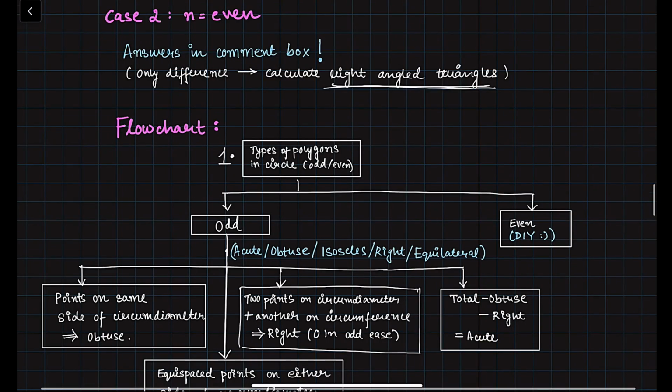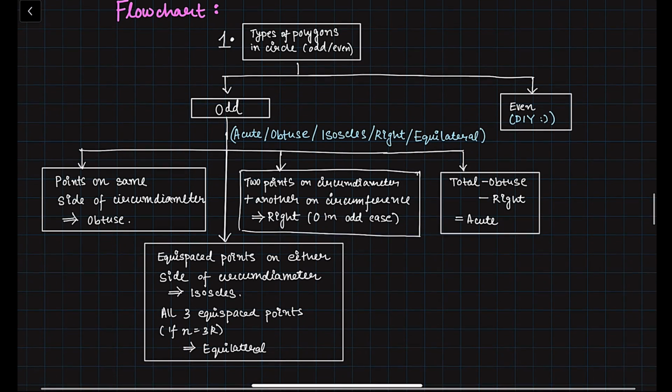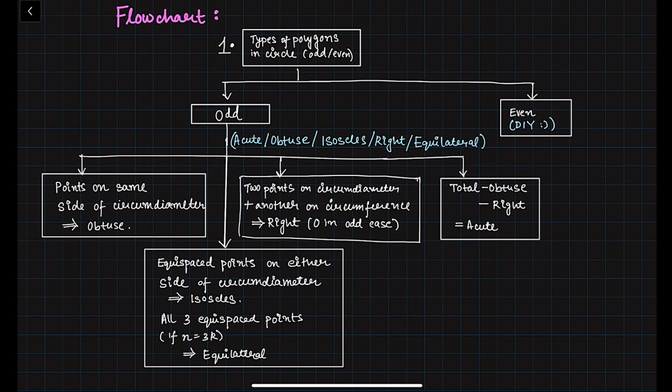Okay. So this is the final flow chart of the problem. What we did first is we identified that the two types of polygons, odd-sided and even-sided, have a few basic differences which we need to consider separately, right? So we did that. Then we shifted to the second step, where we considered odds.